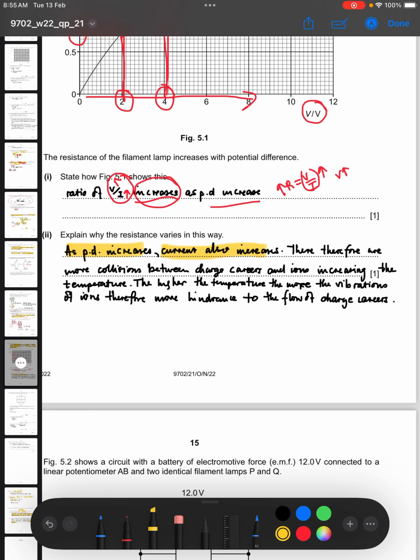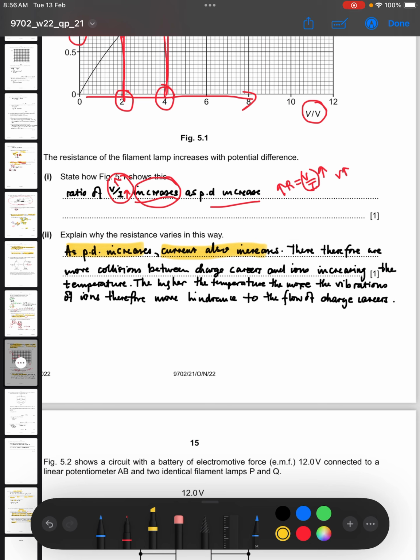So the more charges, the more collisions there are with the positive ions, meaning that the positive ions will gain more energy. When the positive ions are gaining more energy because they are colliding with the charge carriers, they vibrate more.